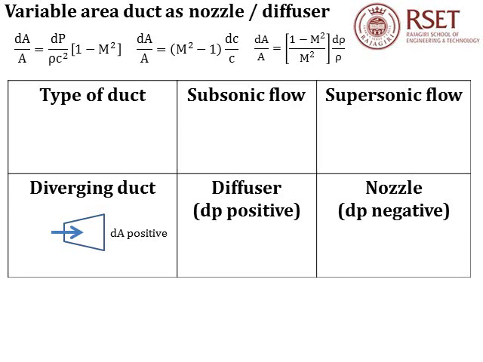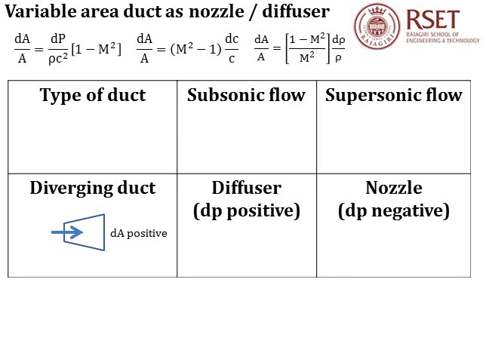Now consider a supersonic flow passing through a diverging duct. For a supersonic flow, the term 1 minus M squared yields a negative value. The term M squared minus 1 yields a positive value. Since it is a diverging duct, the dA value is positive.